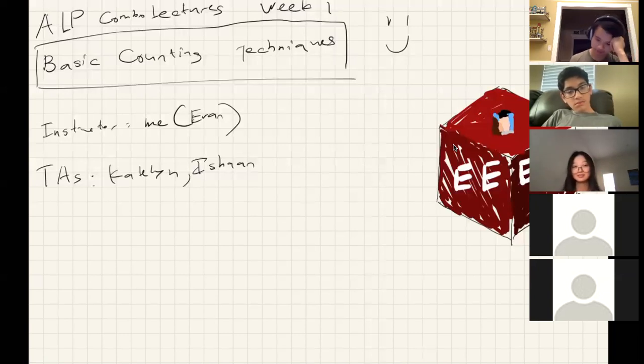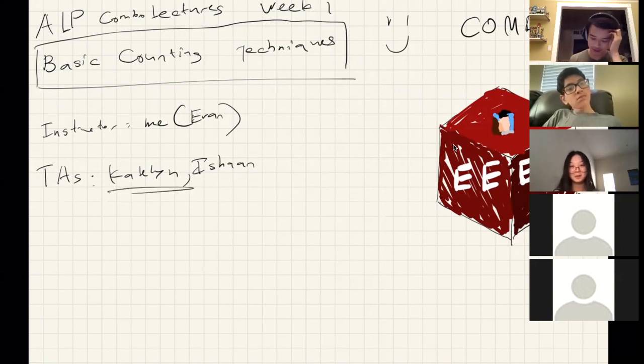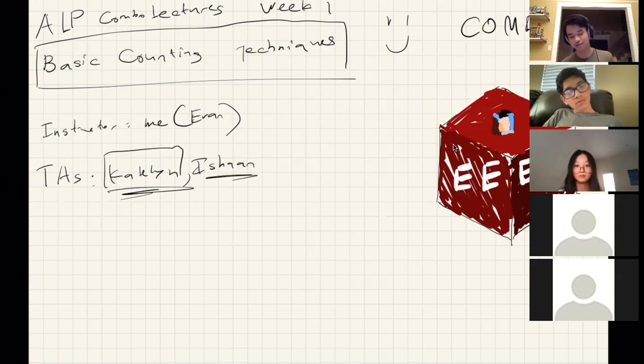Also, it's spelled with an O at the end, not an I. If you spell it with an I at the end, then you might as well get out of here now. My TAs are Caitlin, who is very good at Combinatorics, and Yishan, who should be joining soon.